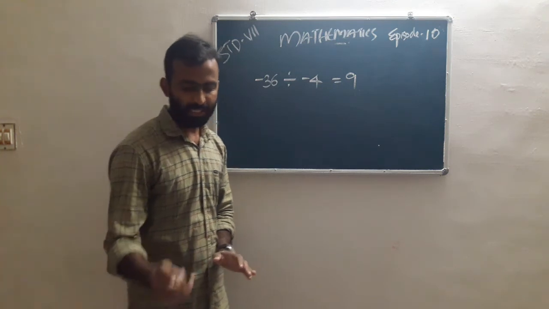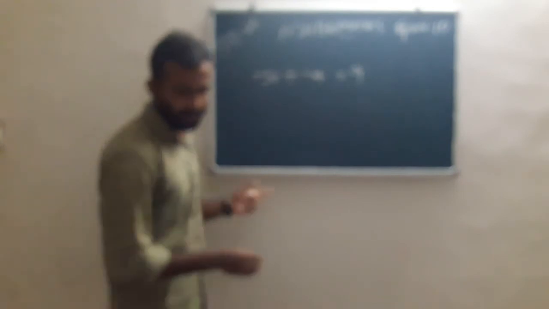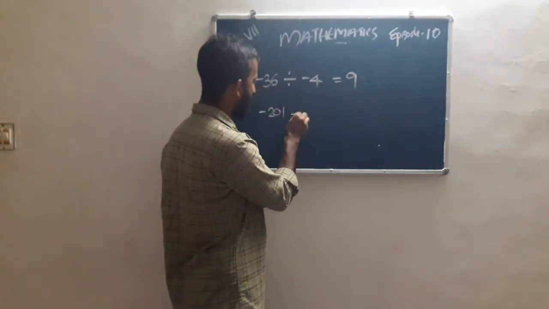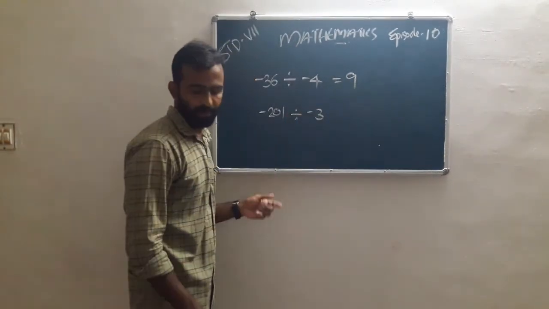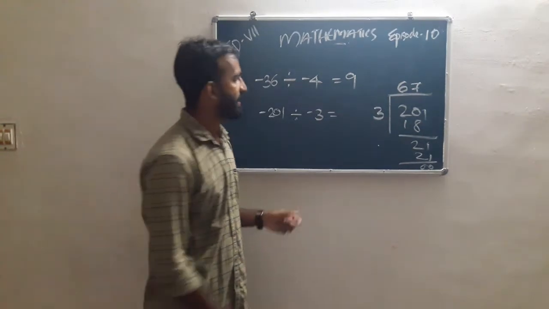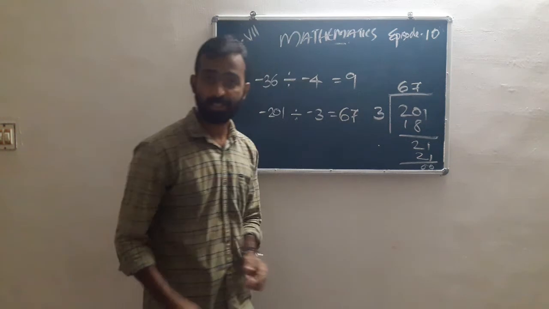We are doing our second try this, page number 23. The next one is negative 201 divided by negative 3. What is the answer? The answer is positive 67.